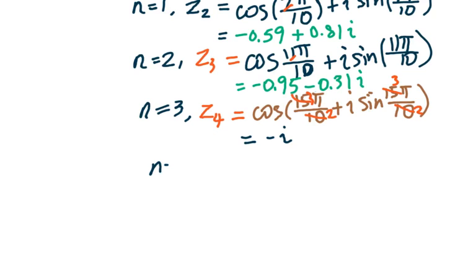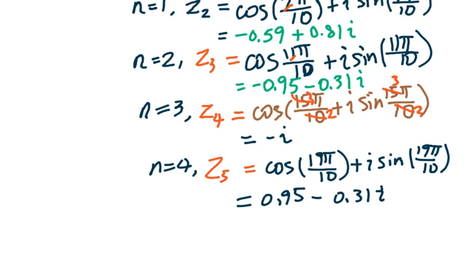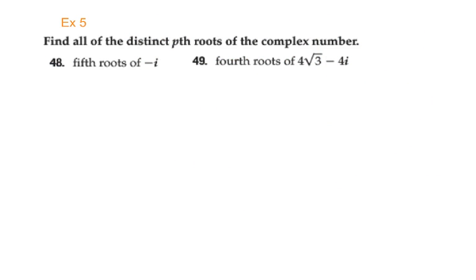When n equals 4 and Z5 equals, I keep adding 4 pi to the numerator, we got cosine 19 pi over 10 plus i sine 19 pi over 10. Therefore, we got 0.95 minus 0.31i.